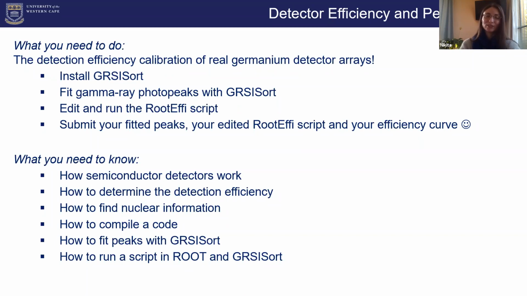It is the same way, so in root and GRSISort. So this is what I will go over with you today so that you know how to do everything you need to know in order to do those points over here.